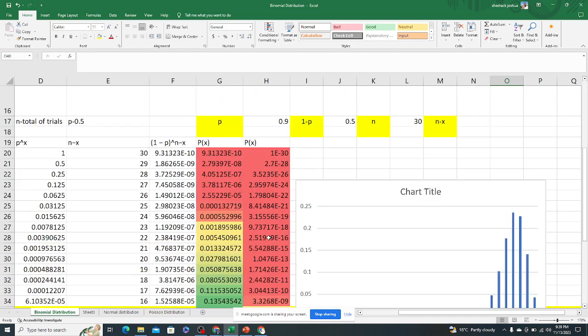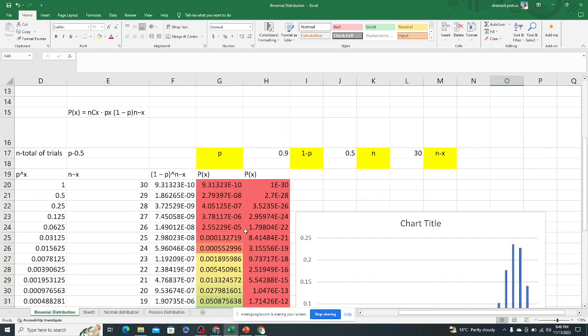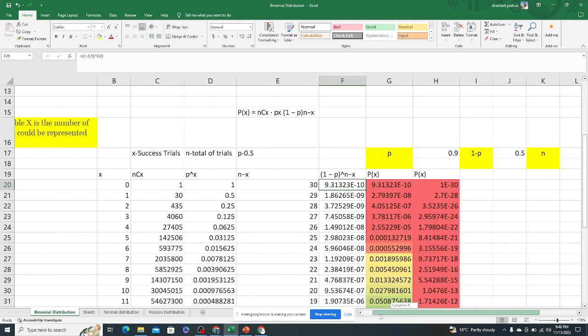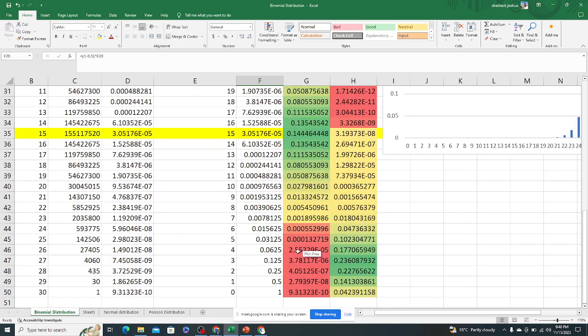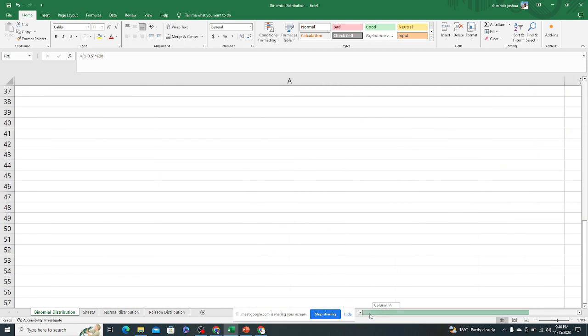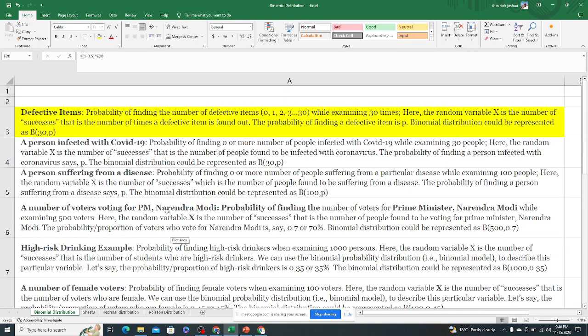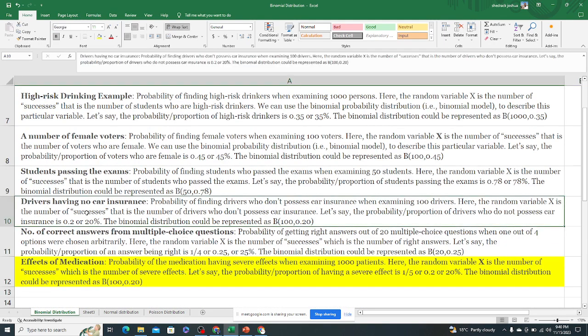So you can see that is how the binomial distribution is majorly used. Okay, these are the areas maybe where we can apply binomial distribution. Maybe you can go and do another example on your own. You can see in this case, we are given the probability, let's say the probability of drivers who do not possess car insurance is 0.2 or 20%.